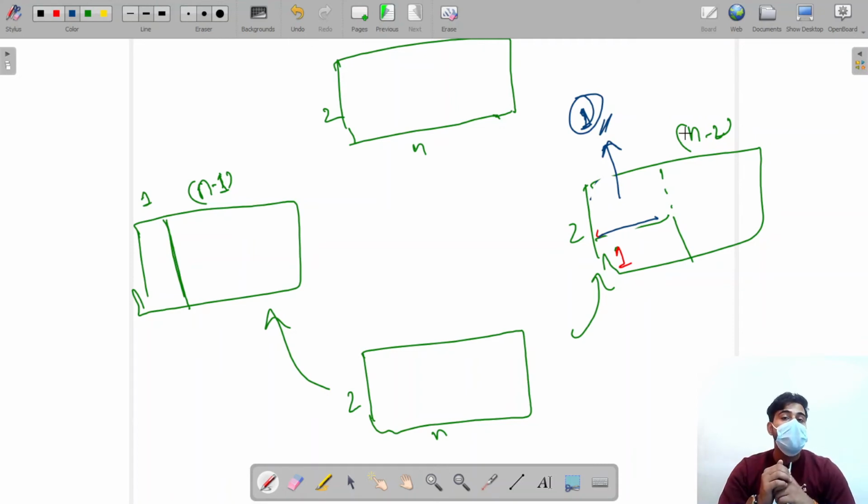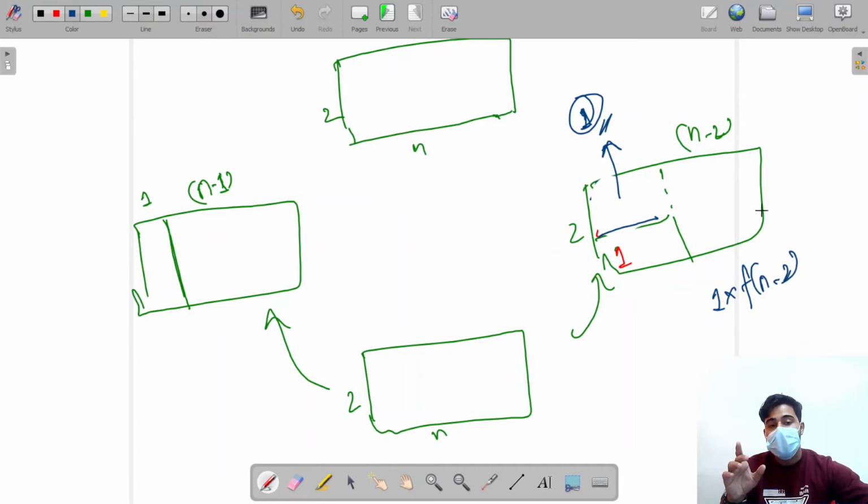Now what is the final number of ways with which we can tile this whole portion? It is nothing but this 1 into this. I'm assuming that I have passed it to some recursive function, f of n minus 2. Why is it 1 into f of n minus 2? Because the total number of ways is the multiplication of the number of ways of designing the first part and the number of ways of designing the second part.